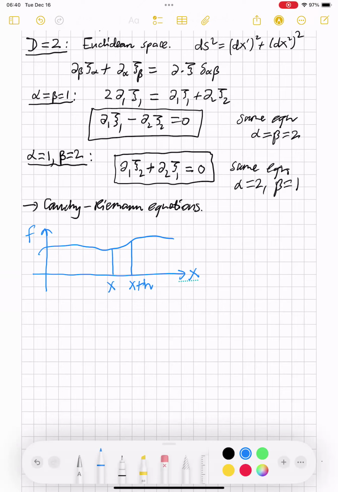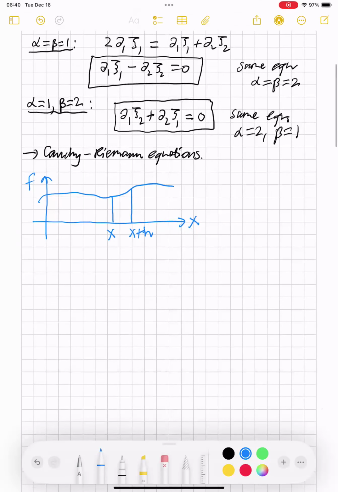To calculate the derivative, we pick 2 points, f of x plus h and f of x, and the derivative of f with respect to x is given by: you take f evaluated at x plus h, subtract from that f evaluated at x, and then divide by h. And then to get the derivative, you take the limit that h goes to 0. This will give you that the derivative is the slope of the line and all of the things that you're really used to. That should be completely trivial, something that you know very well.